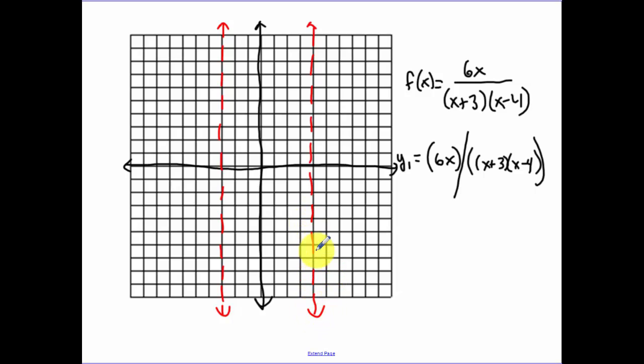Your horizontal asymptote was y equals 0, and I'm still drawing that in. Now you have your origin, which crosses your horizontal asymptote, as an intercept. Okay? So I'd expect you to get all of that without your calculator. Now, graph this on your calculator.